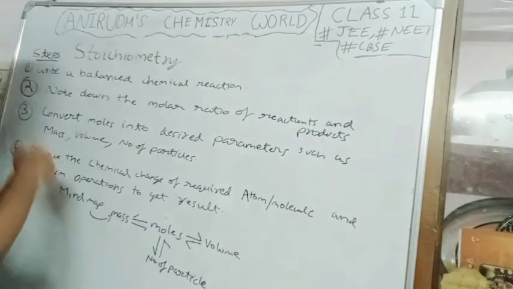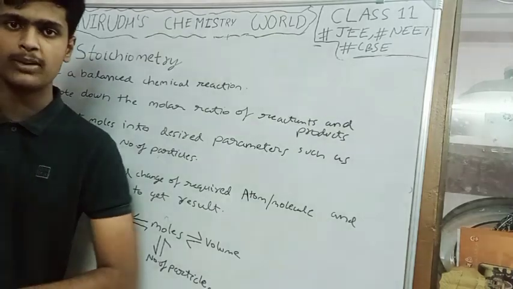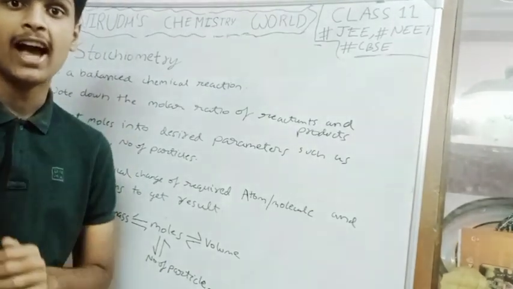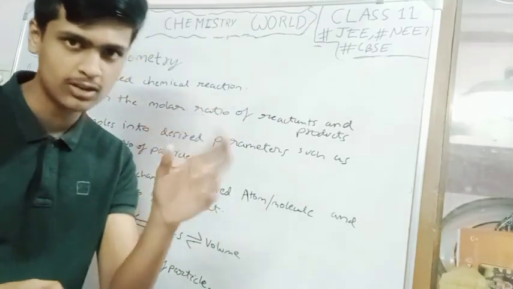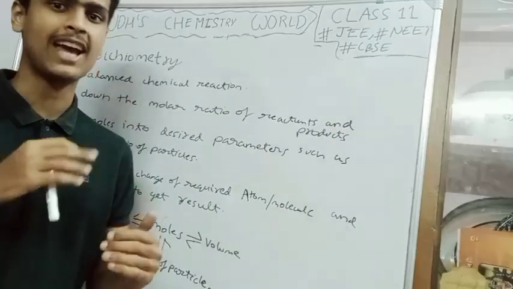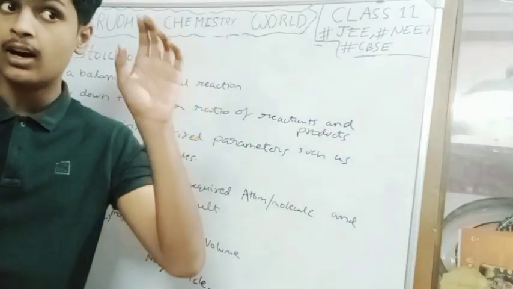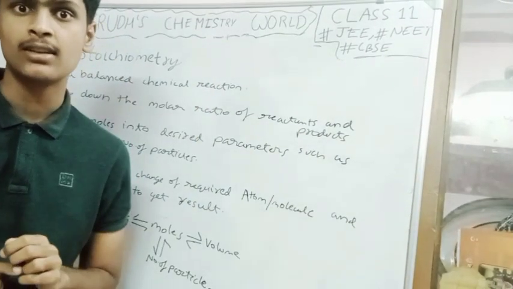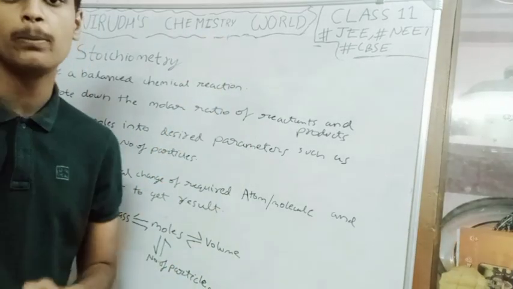Friends, now let us see the topic called stoichiometry. Stoichiometry is basically a calculation part in our chapter. In this, using some basic concepts of chemistry, we need to do some calculations to get the required amount of substance as per the given condition. We'll see what is going on behind this.